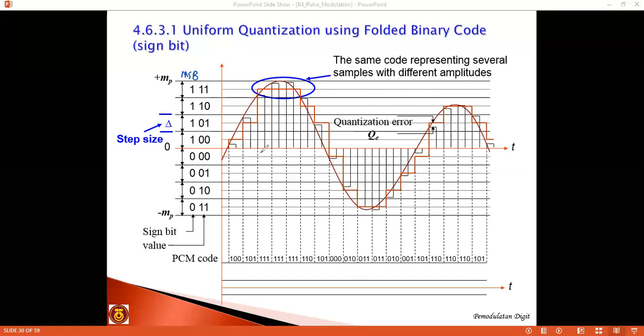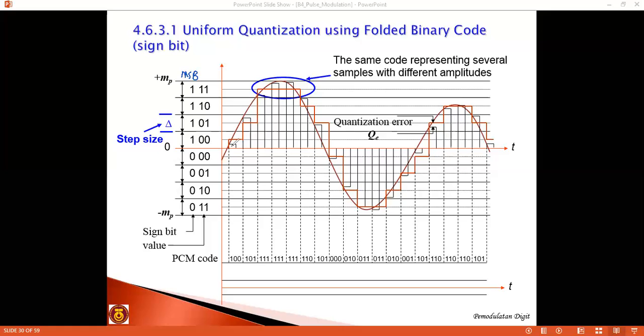So this shows how we convert quantized voltage to PCM codes. Like for example here, the level is 100. Remember that for a quantized level, we take the middle voltage. So here, the red line and the red squares are our quantized voltage.